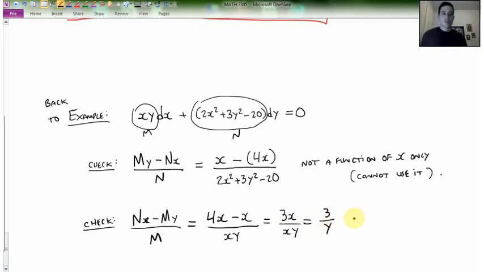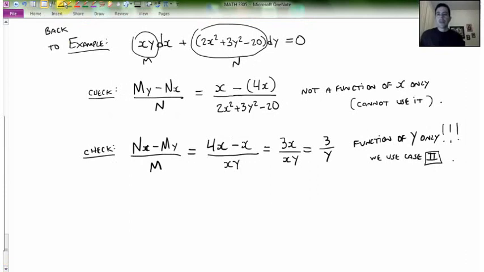That is a function of y only, so we can use case number 2.